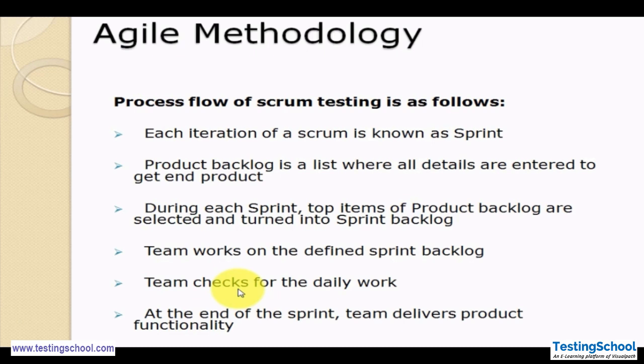That's where the team checks our daily work. And at the end of the sprint, the team delivers product functionality. After each sprint, the team delivers certain functionality that has been successfully developed and tested. So this is how our Scrum testing follows.